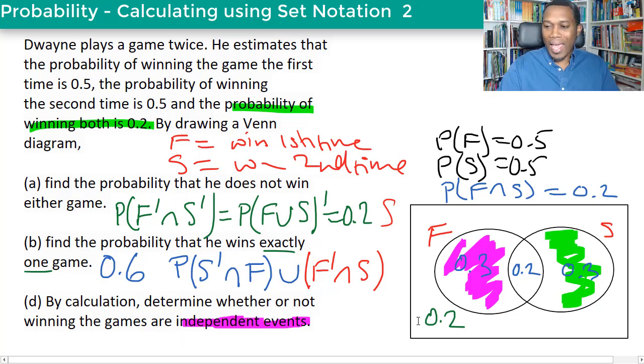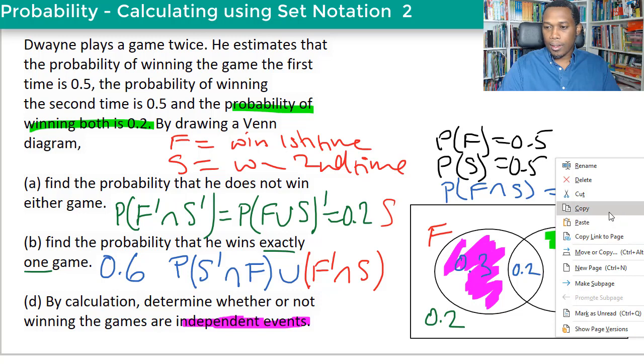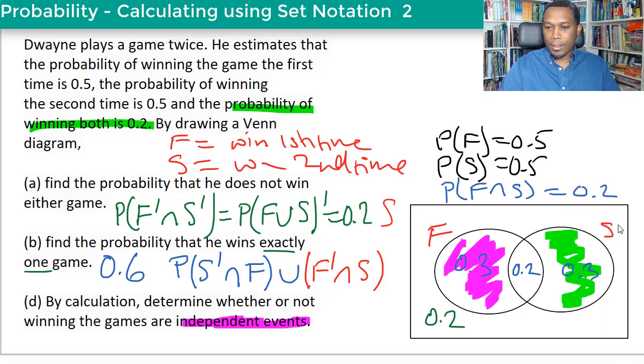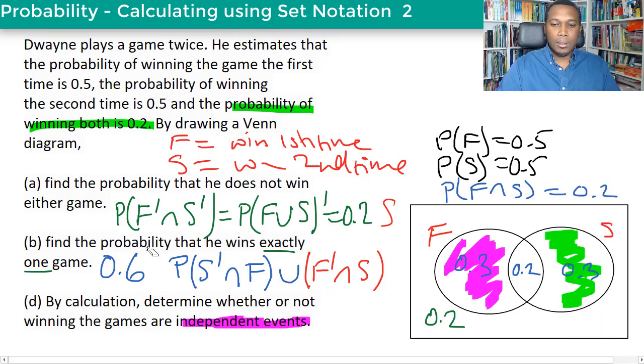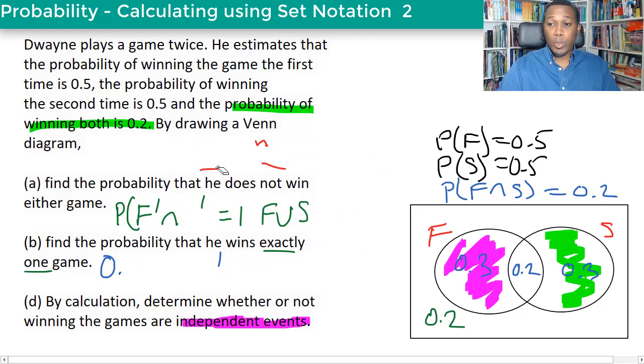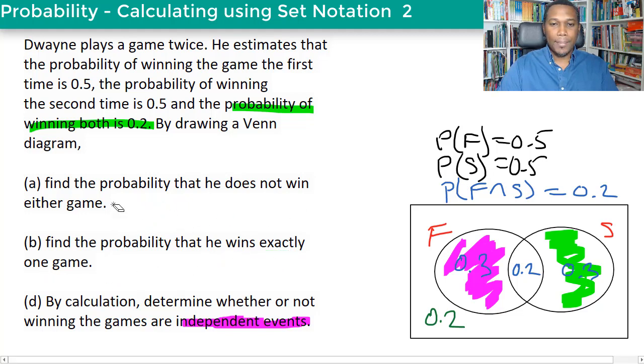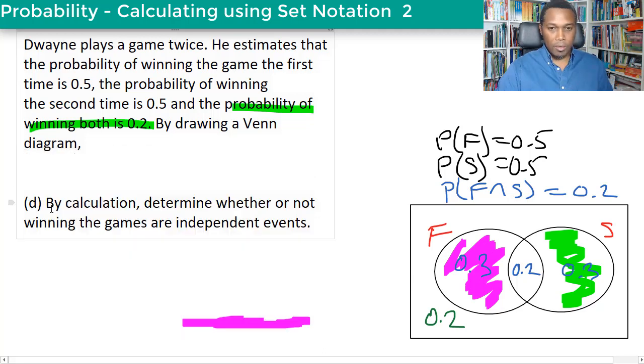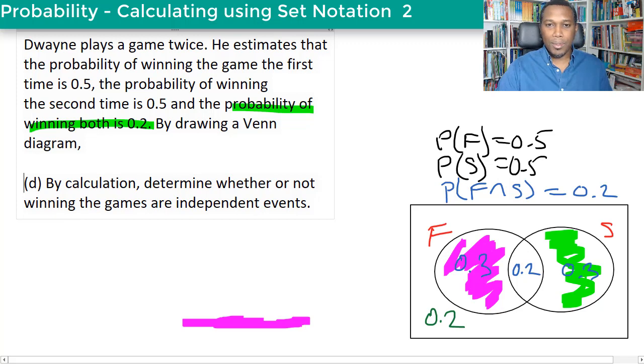Well, I'll copy and paste, and I will delete that information. We don't need that anymore, but we do need the data on the right hand side. Let's make some space. Space is always at a premium on the computer screen.